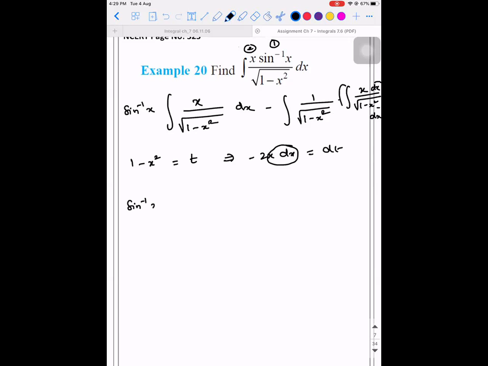So sine inverse x into, can I write it as integral of minus dt divided by 2 root t? This whole thing is still integrated with respect to x. This dx is not going to change. Only this x dx is going to be minus dt by 2.